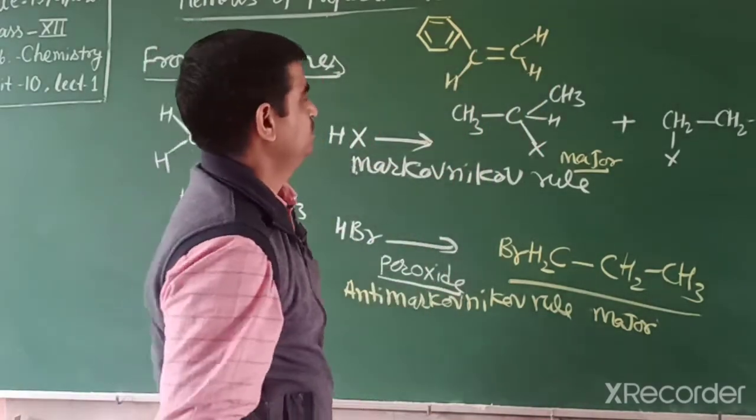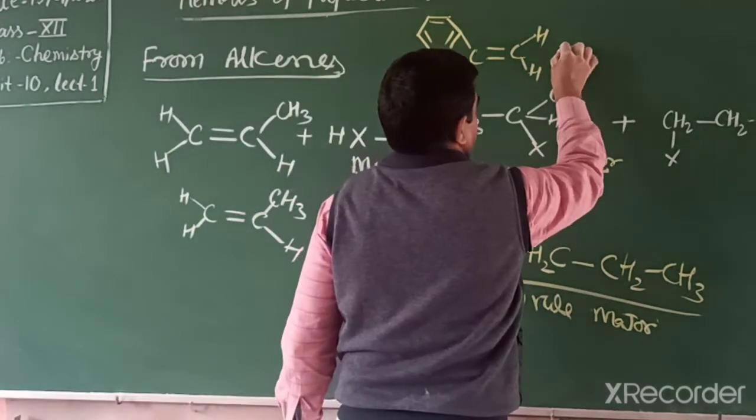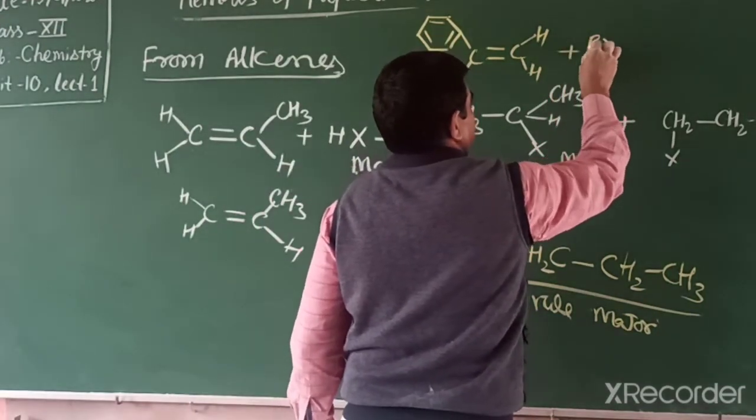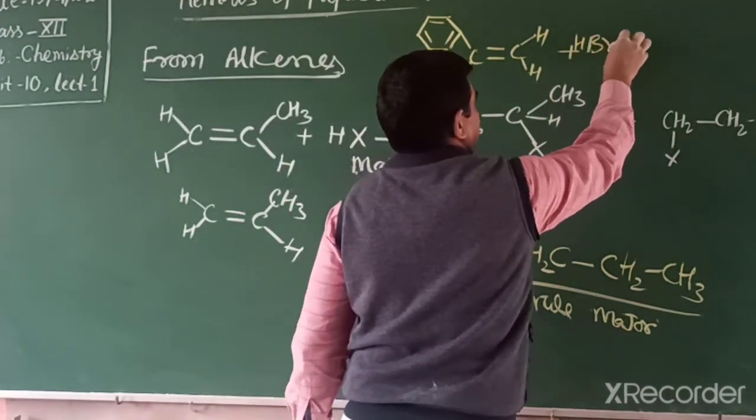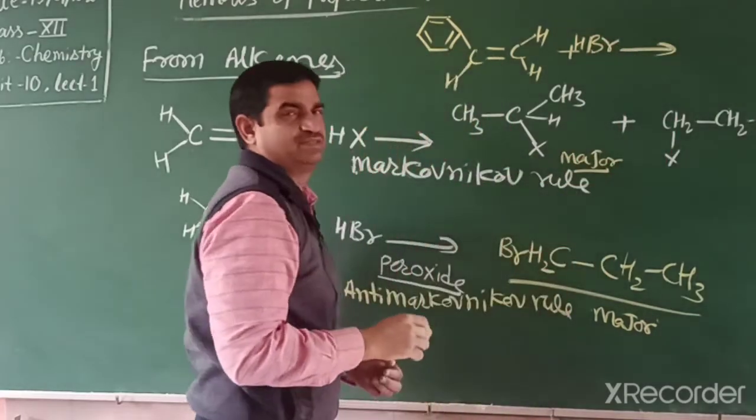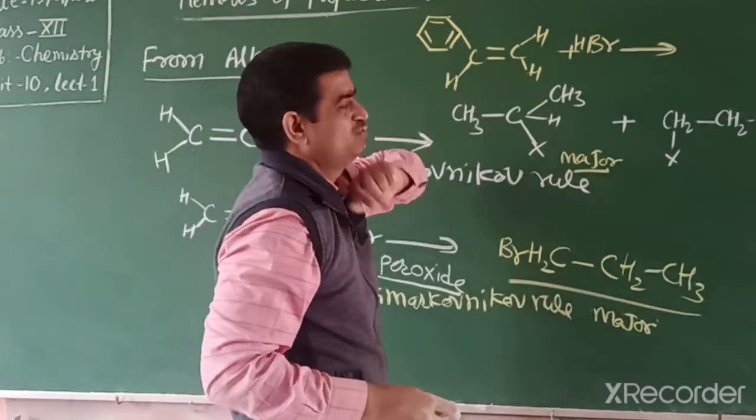The alkene is given, and addition of HBr. Write the product.